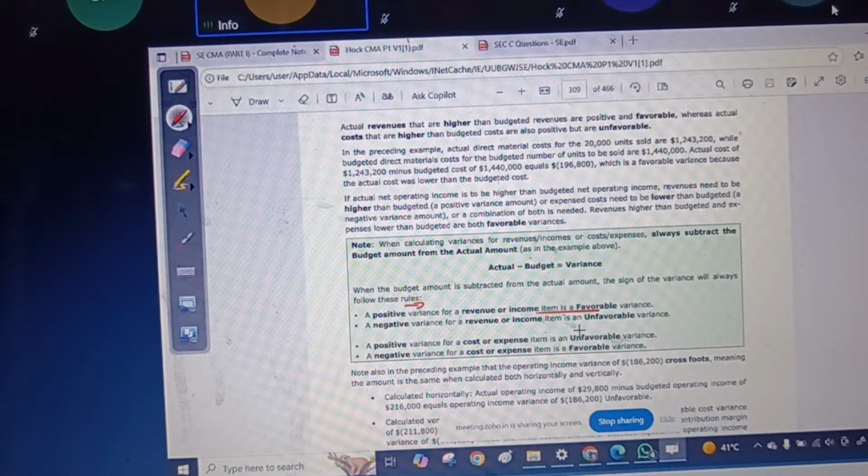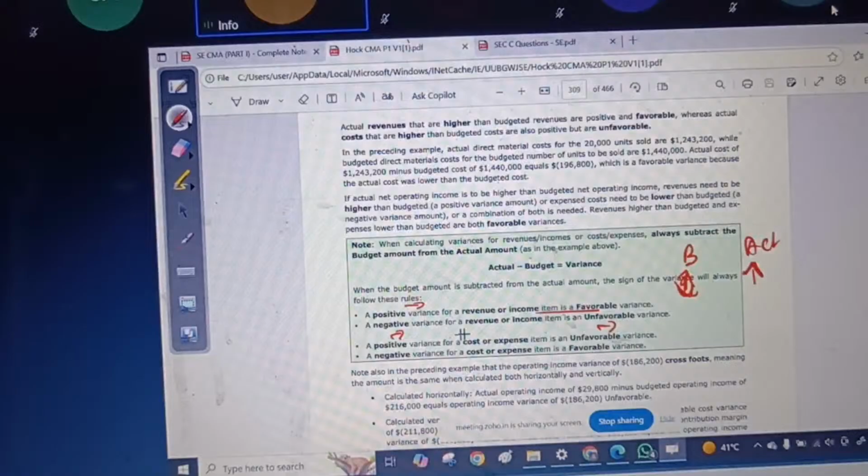Cost will have the reverse effect. For cost, a positive variance will be unfavorable. Unfavorable means what? Between budget and actual, budget will be lesser and actual more. That means operating income will be lower.